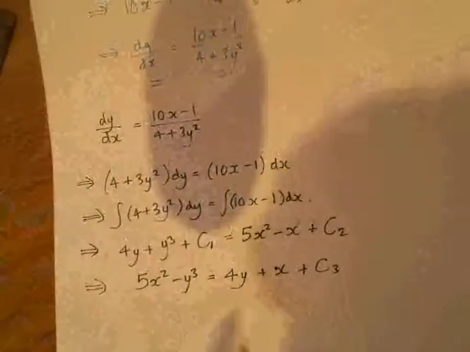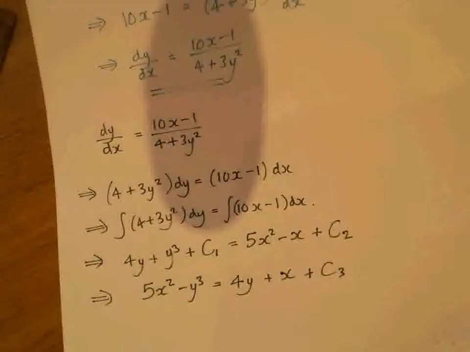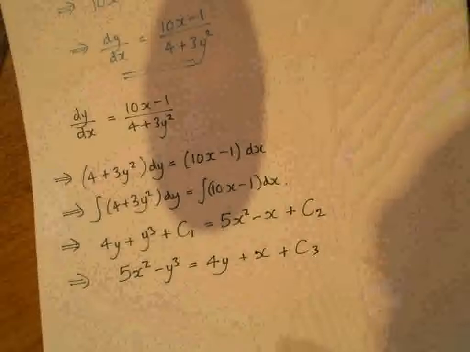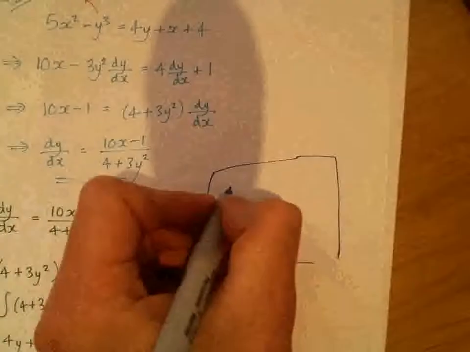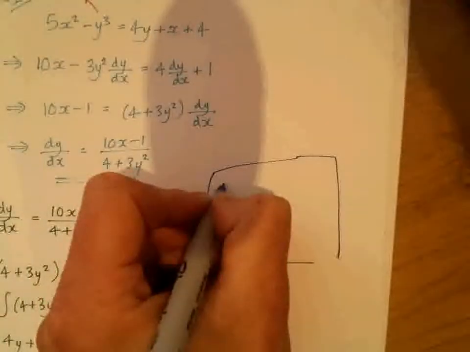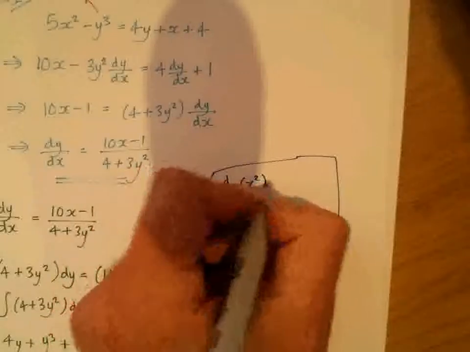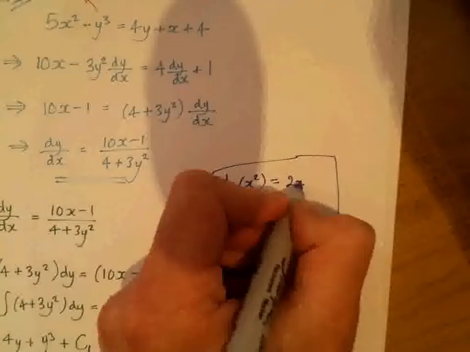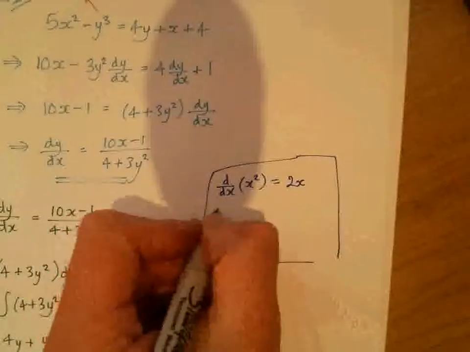And so you can see that actually there's a bit of an issue here, and this is a common issue that you can see quite regularly. Let's just do a quick aside. Because if we had something like, let's say we differentiated x squared, which guarantees to give us 2x, okay, that's fine if we differentiate with respect to x.